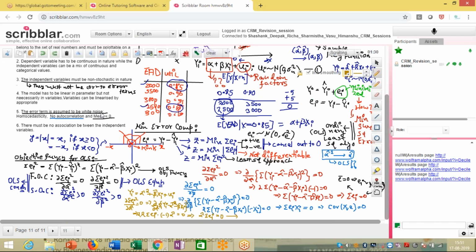So the way these assumptions have been created rules out the possibility that the parameter can be non-linear. The non-linearity of the parameters has been directly ruled out of this modeling framework, because if there is a non-linear parameter and you try to model it with the OLS estimation process, then it is hardly possible.